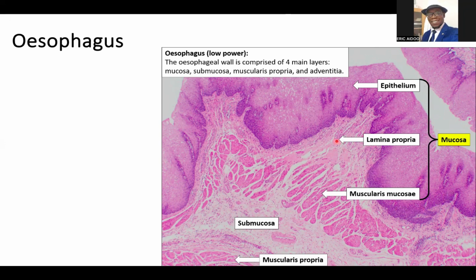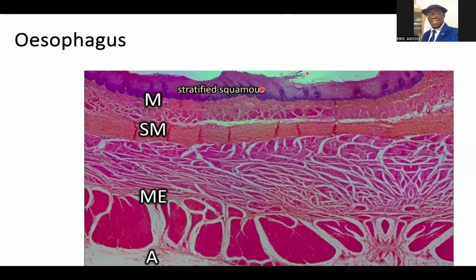There are times you also find this basophilic nature in other parts of the GIT because of the presence of rough endoplasmic reticulum together with the presence of glands as well. So this is what you see here. The stratified squamous nature is very, very clear in this stain.